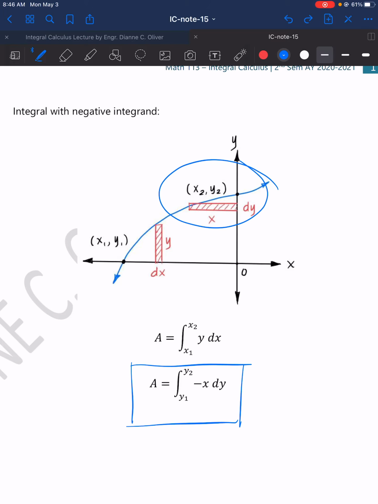Since we are using the width of the area strip as dy, the limits are y1 to y2.